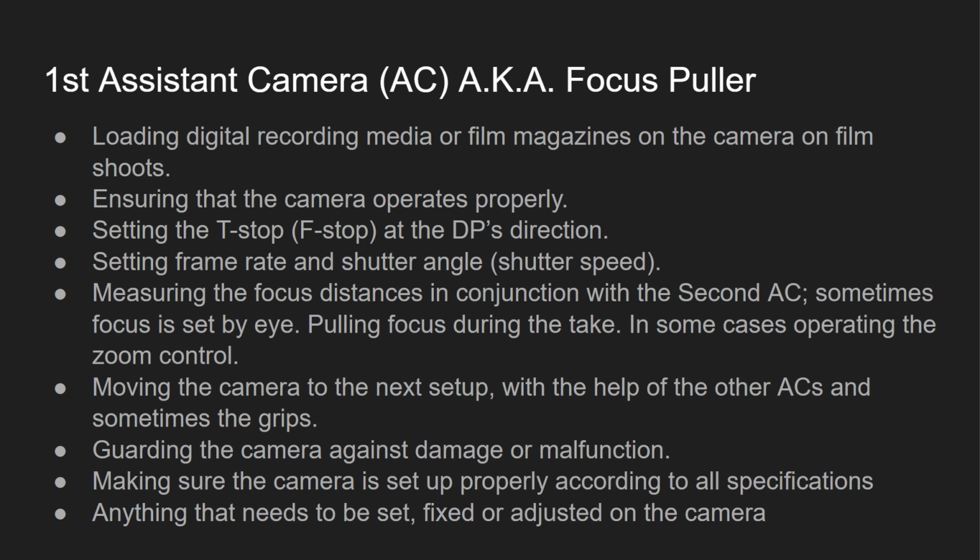So moving on from there, the first assistant camera, also known as the focus puller. So what does the first assistant camera do? As you can see by this list, they have a lot of responsibility. This is a very technically demanding position. So let's get into this.